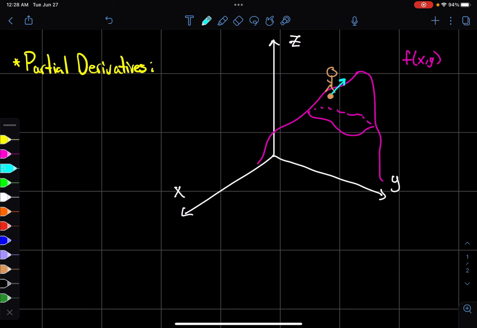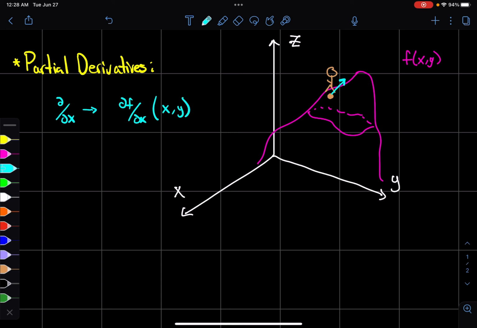And we introduced this partial derivative operator with respect to x. And we would apply this operator to our function f. So we would take the partial of f with respect to x, and then we would evaluate it at whatever point we were at.